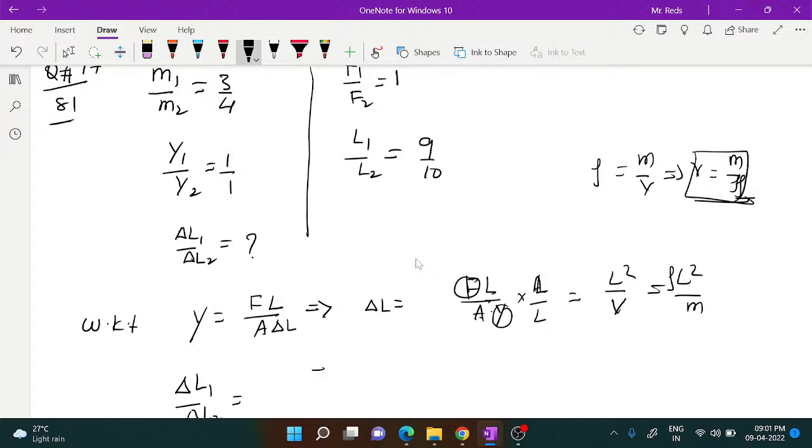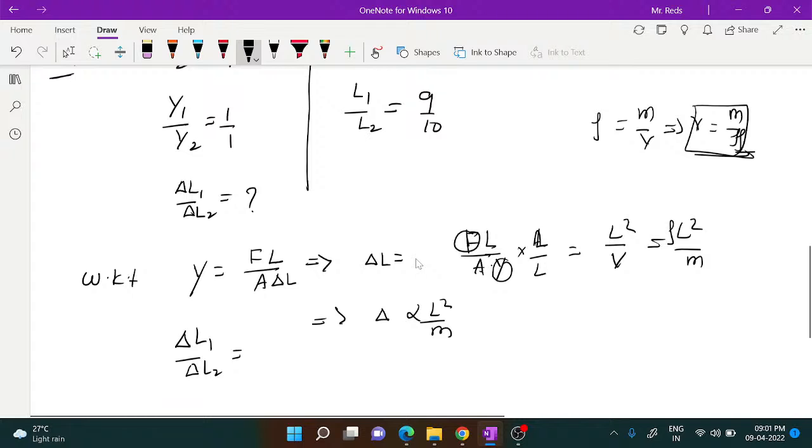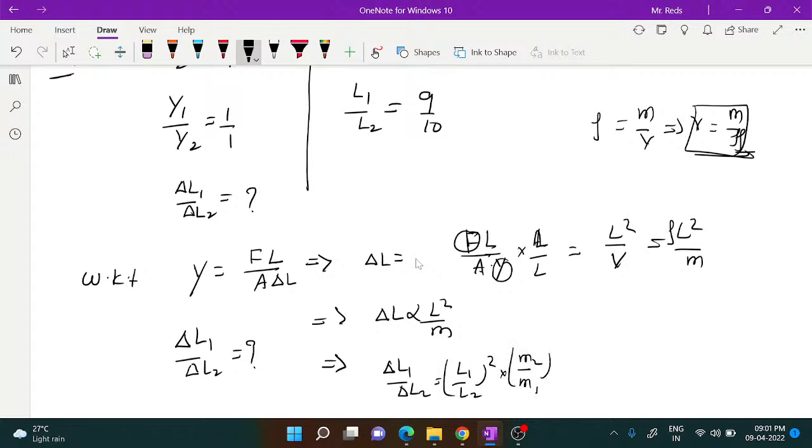So further, you can write that delta L is proportional to L square by m. From this, delta L1 by delta L2, which is what you are supposed to find out, is equal to L1 by L2 whole square into M2 by M1.